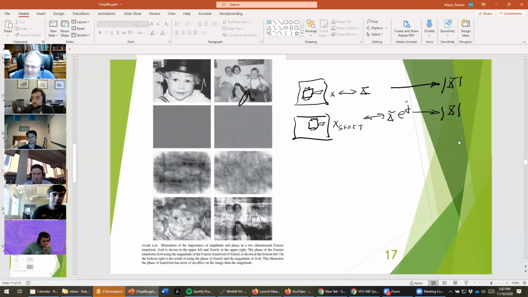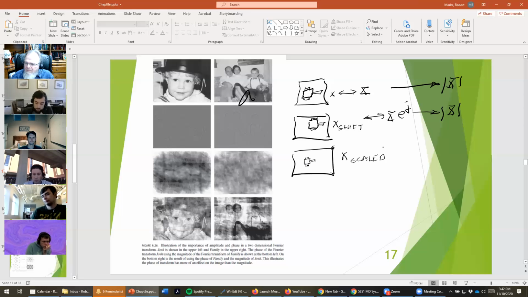But there's a problem. And the problem is that what about if you have a tank from a different perspective? What happens if you have something like this, right? So you have a scaled tank. You still want to recognize the tank. So this would be x scaled. And well, what do you do here?